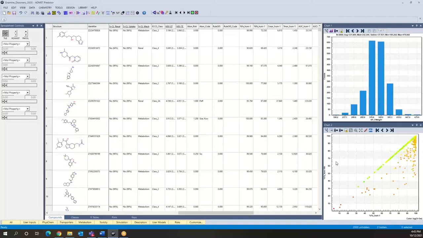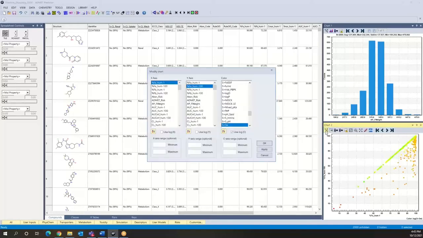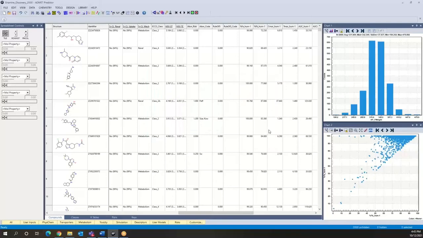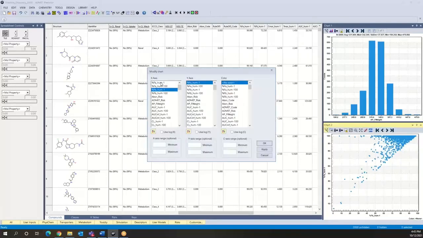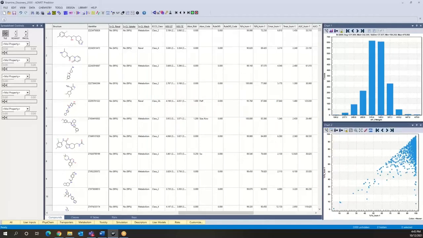We can also show percent FB as a function against percent FA. Again, we're not going to color by anything at this point. And actually, we want the reverse. So percent FA at 1 milligram versus percent FB at 1 milligram, and off we go.